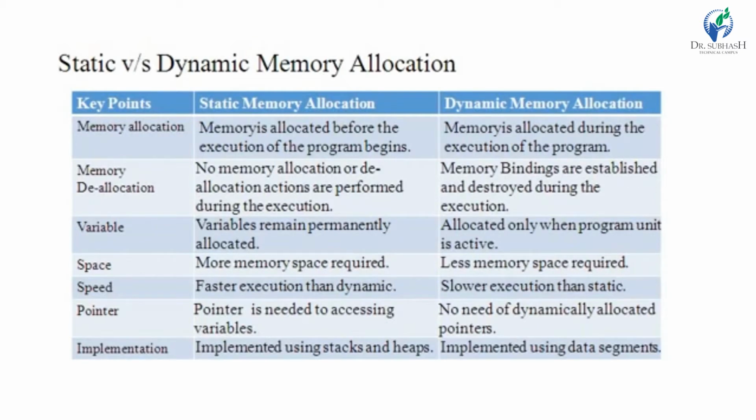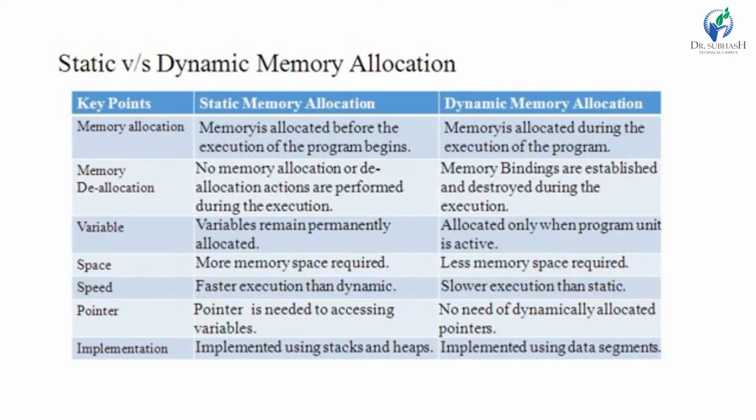Implementation uses stacks and heaps in dynamic memory allocation, while static memory allocation is implemented using data segments. So these are the 7 key points for static versus dynamic memory allocation.